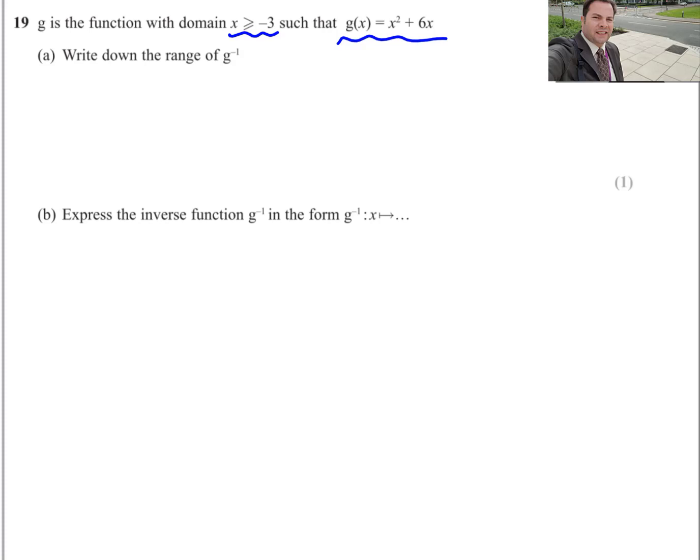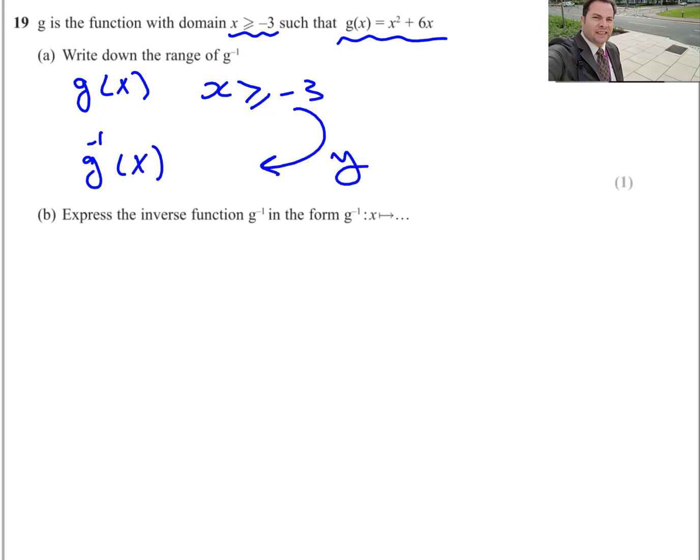By comparing g of x and g inverse of x, if we have the domain x greater than or equal to negative 3, the domain becomes the range, and the range is the values of y. So y is greater than or equal to negative 3 is the range of g inverse.